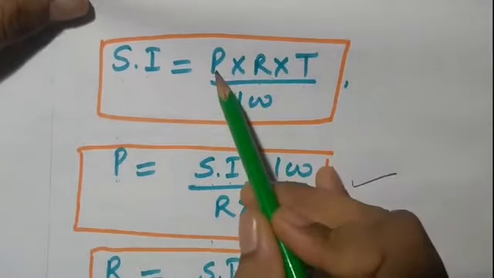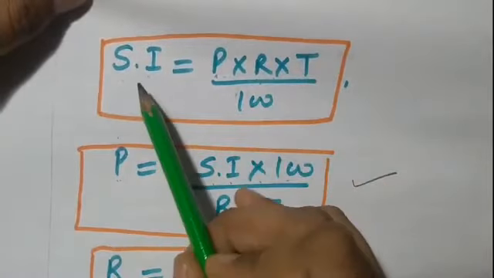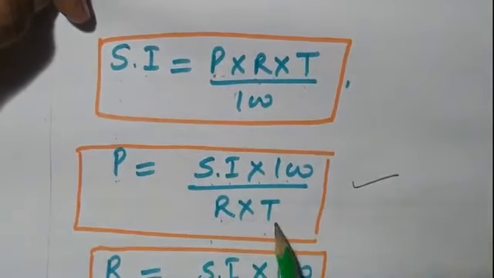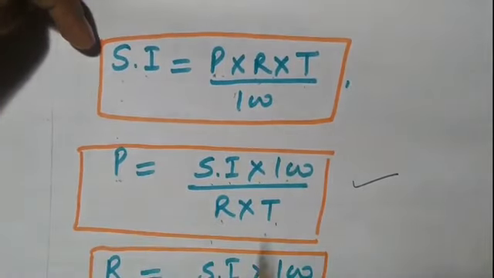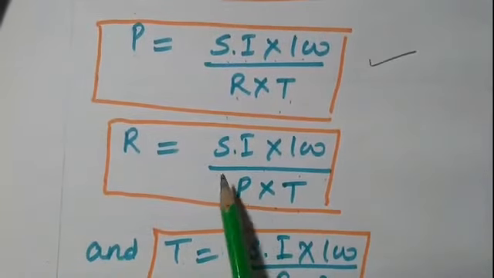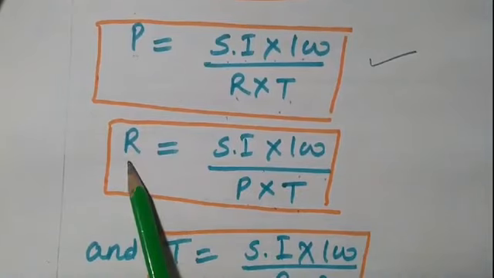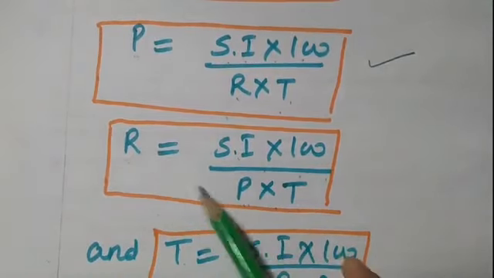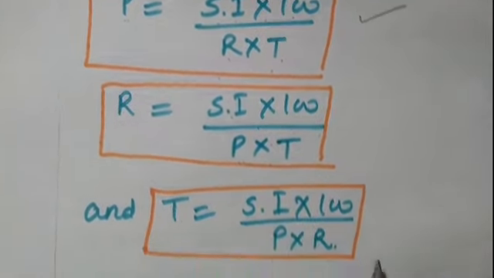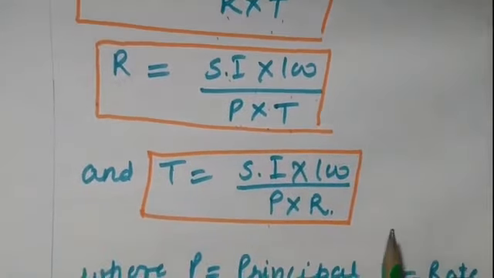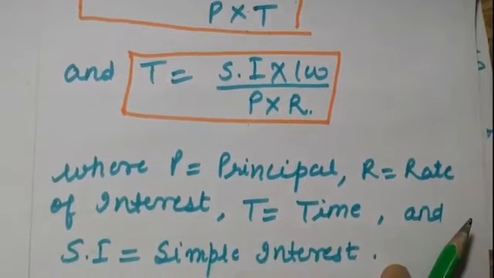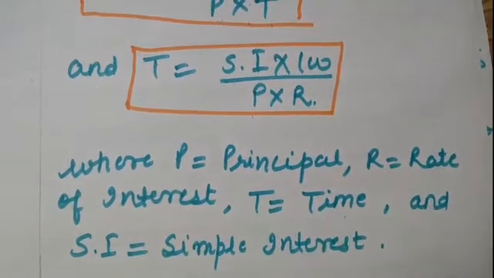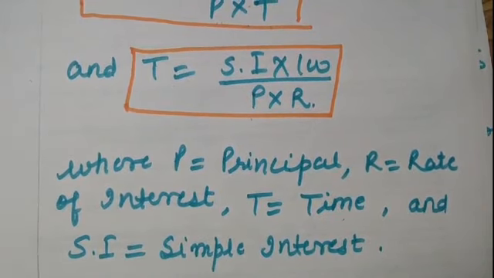Suppose you are given principal, rate and time, then you can calculate the simple interest. If you are given simple interest, rate and time, then you can calculate the principal. Same here, if you have to find rate, in which simple interest, principal and time are given, then you can calculate it using this formula. And same for time period. Here P denotes principal, R denotes rate of interest, T denotes time, and SI denotes simple interest.